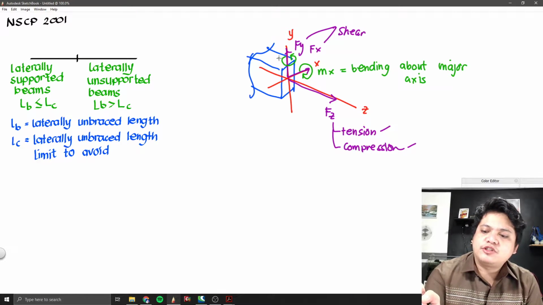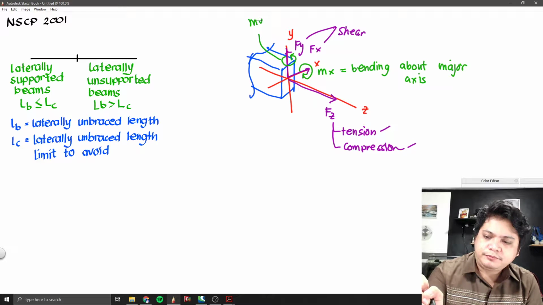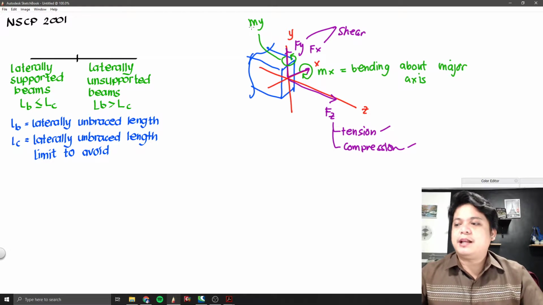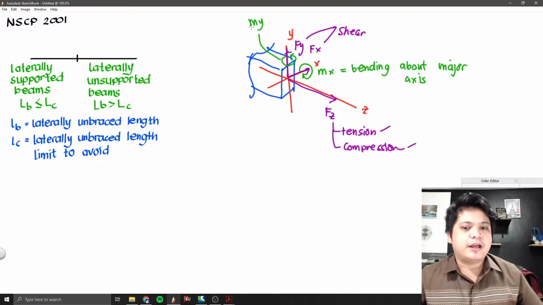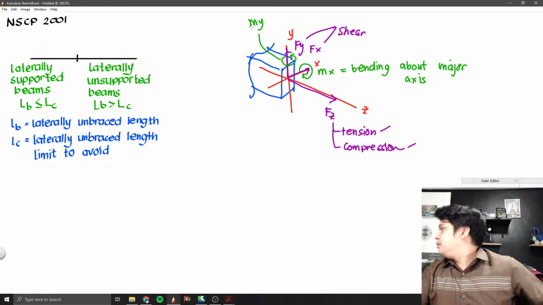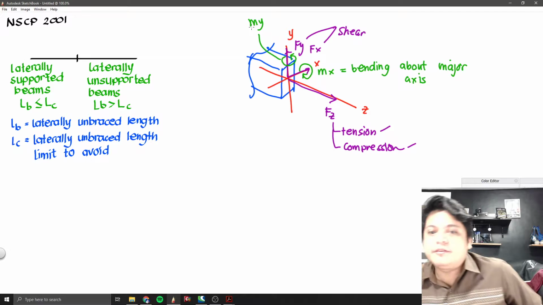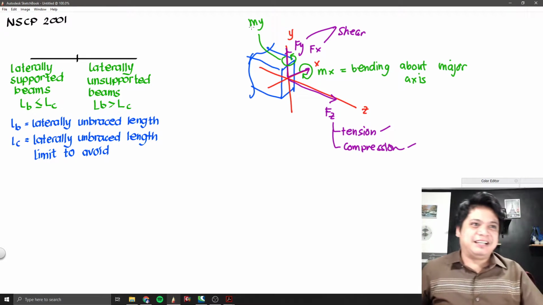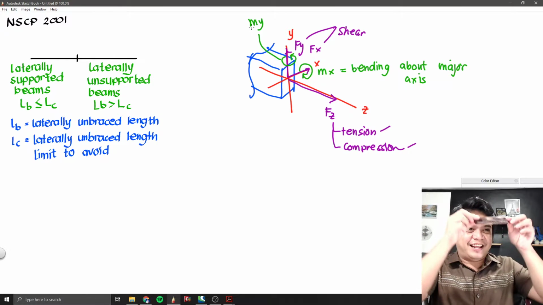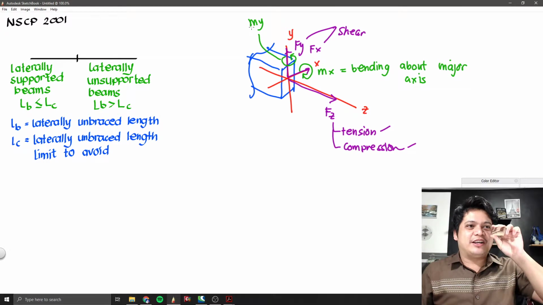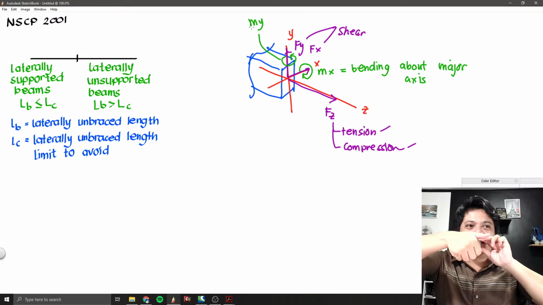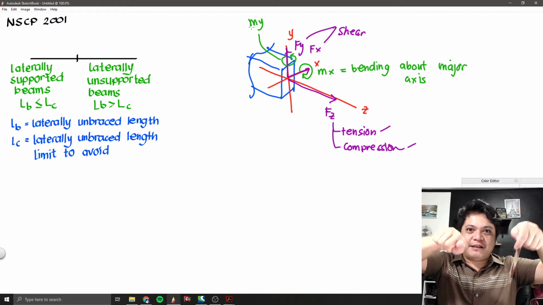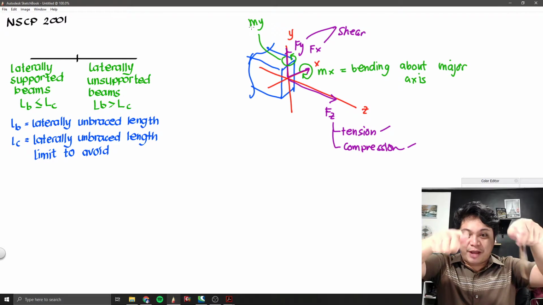Now, we will be having here this one. Okay? This is called the MY. Okay? Kumbaga yung pagbali nung ayan, nawala yung ruler ko dito. Where's my ruler? Hindi ko nakita. Okay. Example, ito no? So, ito yung beam mo. Yung pagbali ng paganto, yung pag-deflect ng pababa, that is your MX.